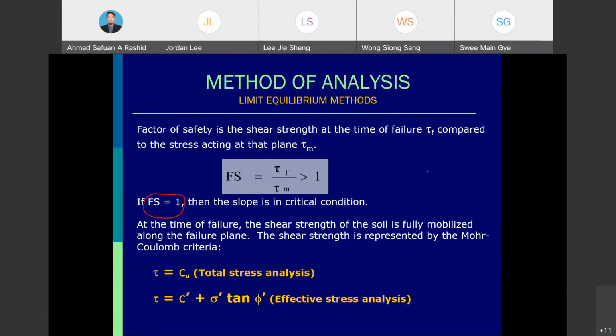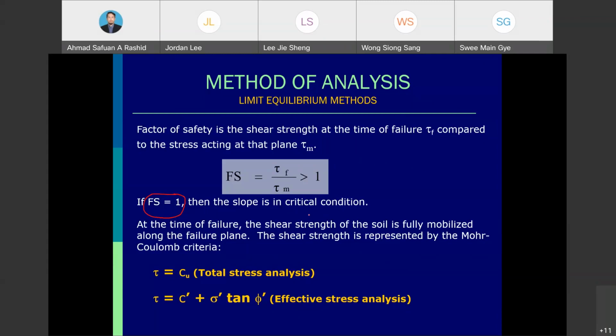At the time of failure, the shear strength of the soil is fully mobilized along the failure plane. The shear strength is represented by the Mohr-Coulomb criterion, and it represents the resisting force.